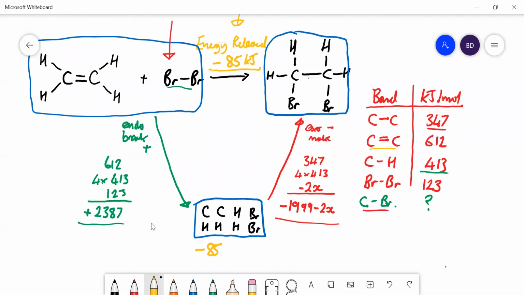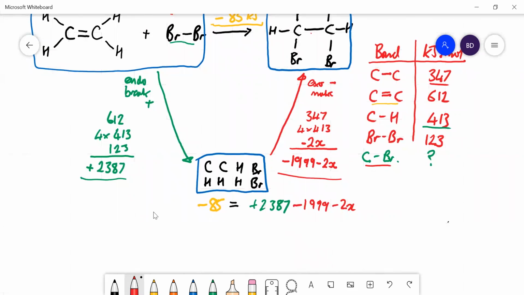Endothermic positive, exothermic negative, because if you don't, it's very easy to get confused. So that's going to be equal to the green number, which is plus 2387, minus 1999 and minus 2x.